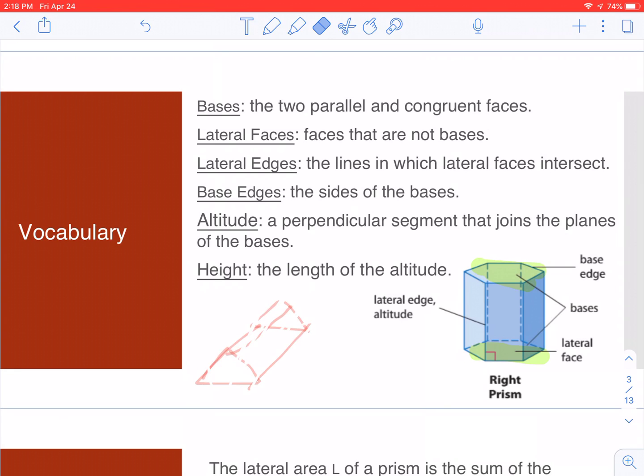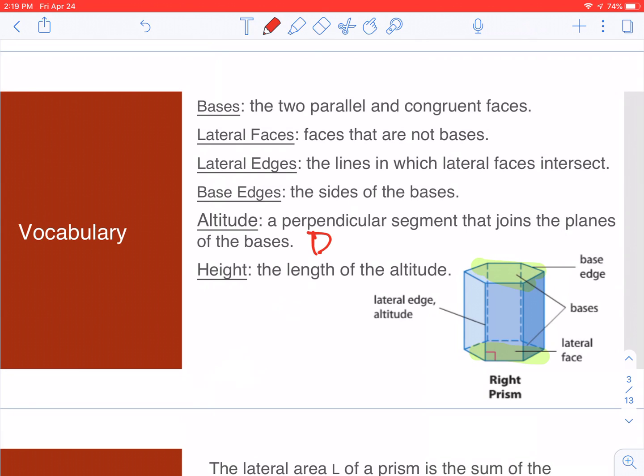The lateral face is basically the sides of the shape, so faces that are not bases. We have lateral edges, which is part of the lateral face, and base edges. Altitude would be the distance between the bases.